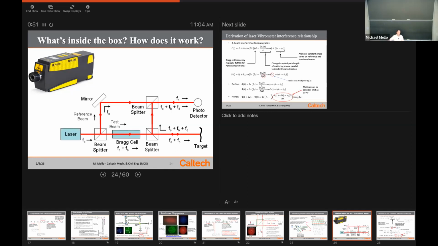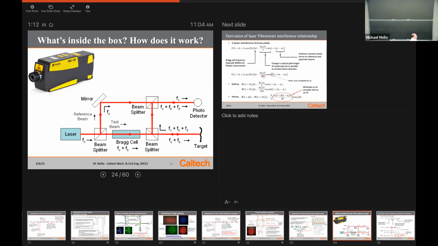Okay, that aspect of time is gone. And what we're seeing are essentially either a stationary standing wave pattern, which we call a fringe pattern, or if our fringe pattern is being modulated because of motion, those fringes have a temporal character to them.